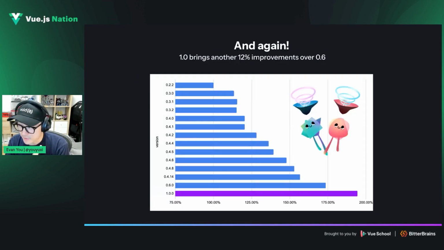And again, a few weeks later, Alien Signals 1.0 brings another 12% improvement over 0.6. So Johnson has spent countless hours doing micro optimizations, comparing different techniques, different ways of instantiating objects, trying to save memory, save bytes, save computation.